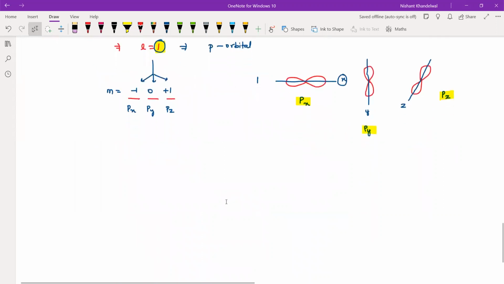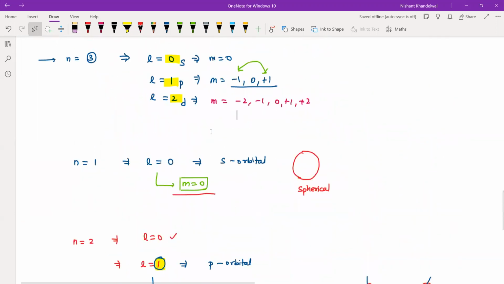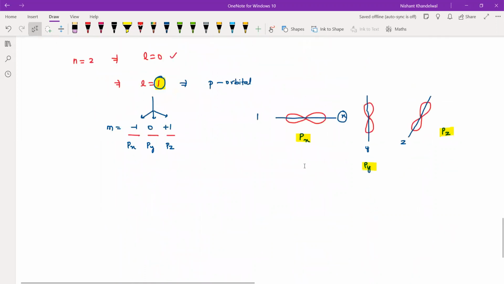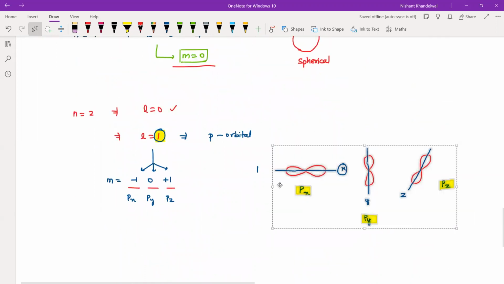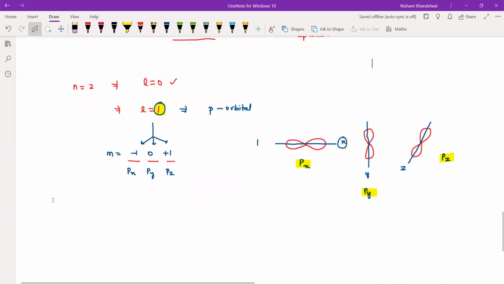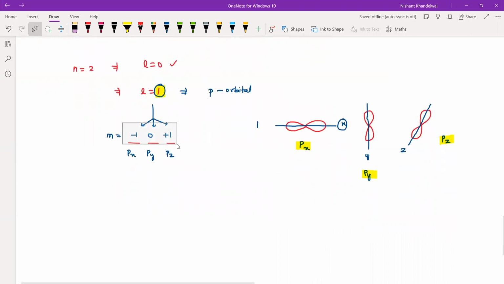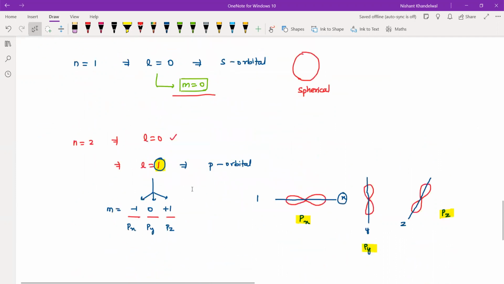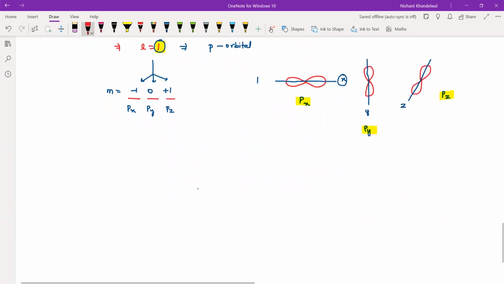Now see, for s orbitals there is only non-directional, and for p orbitals there are 3 directions: px, py, and pz, corresponding to the 3 values. So 3 values means 3 orientations. D is having 5 values, so it should have 5 orientations. Now we will see.